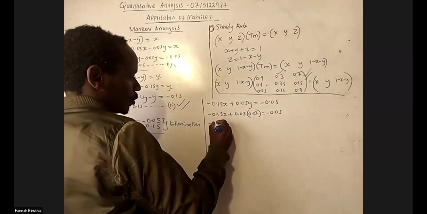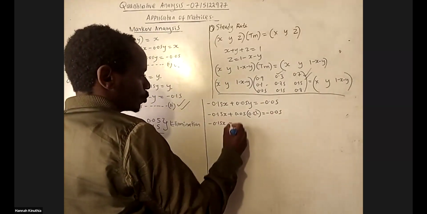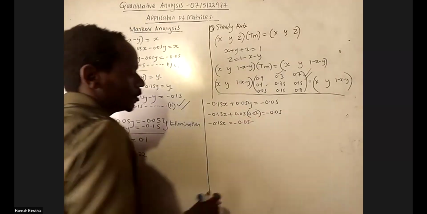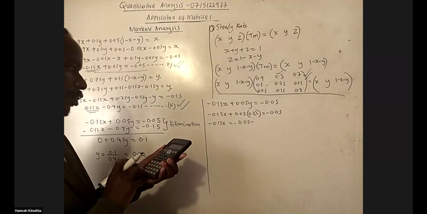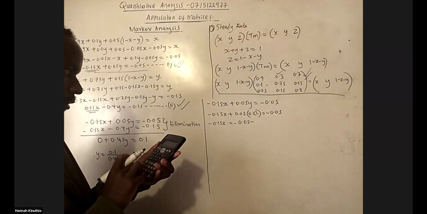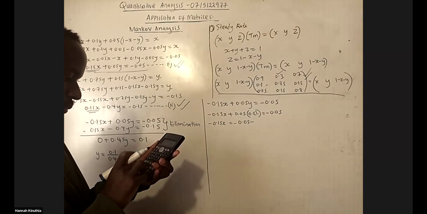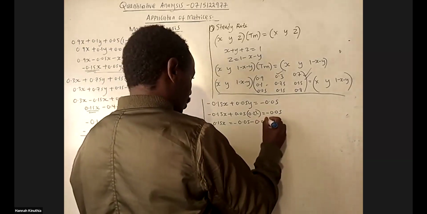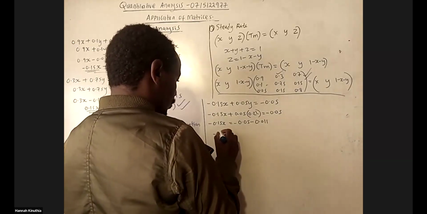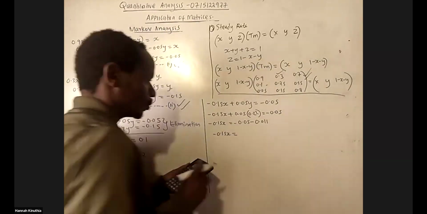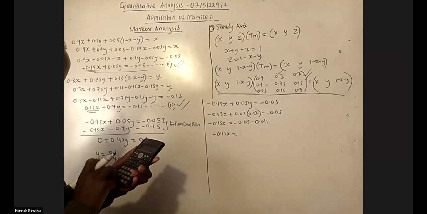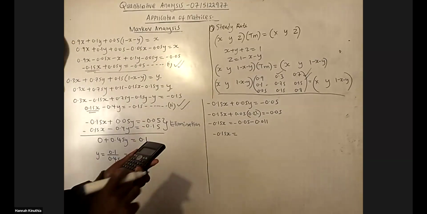So itakuwa ni minus 0.15x equals to minus 0.05 minus, so itakuwa ni 0.05 times 0.22 is equal to 0.011. So minus 0.15x equals to minus 0.05 minus 0.011.